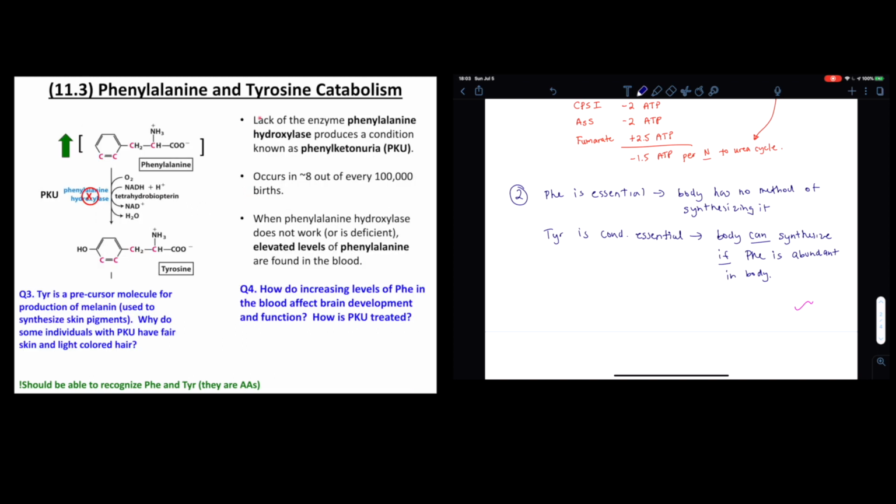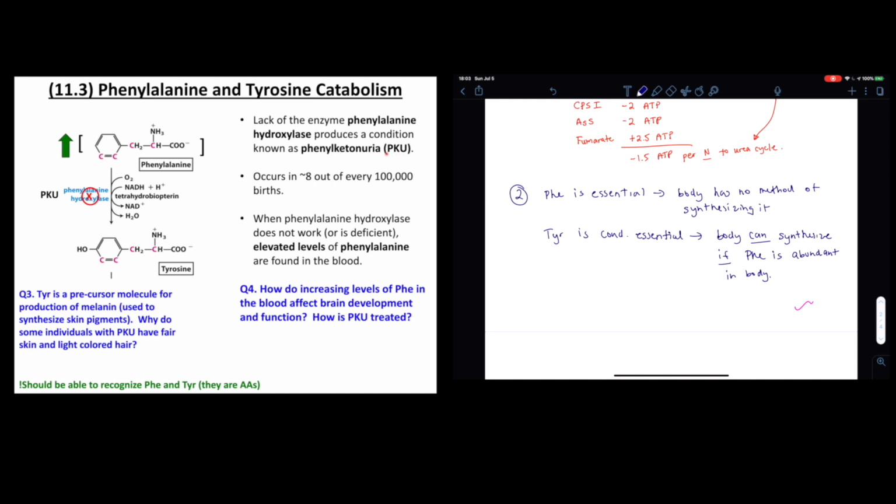So that's it. So this again has some health implications I mentioned before, right? Phenylalanine hydroxylase. If an individual doesn't have this enzyme, it results in this condition that's called phenylketonuria, which is PKU. And I remember this name like Pikachu, like Pokemon.